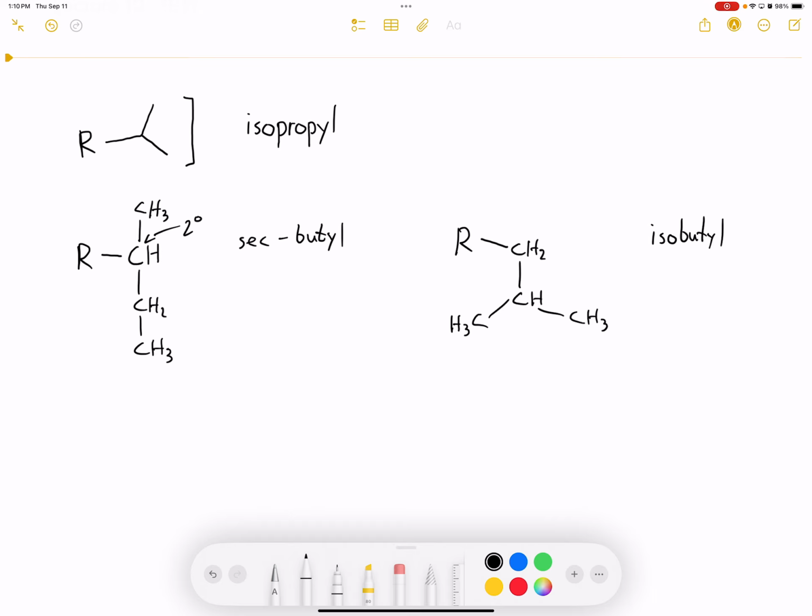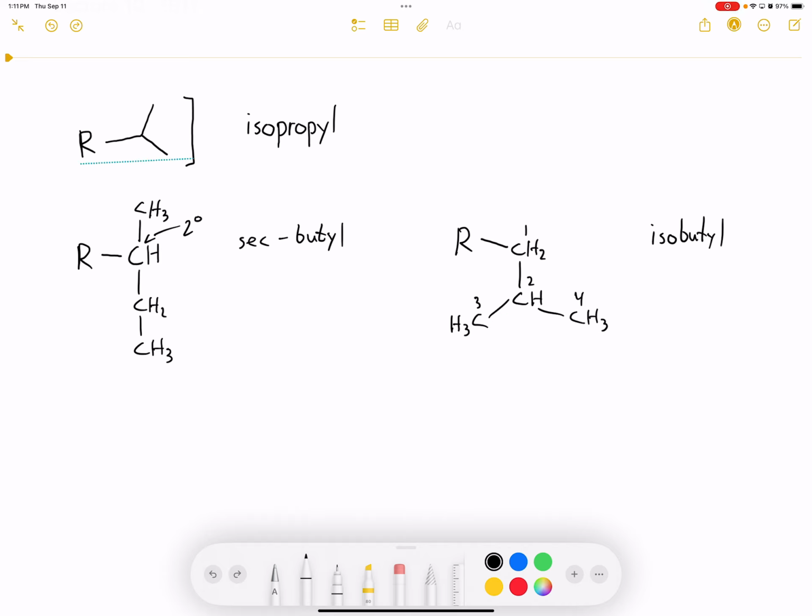So isobutyl is the one that looks like isopropyl, except it has one more carbon atom before you get to the branching point, and then it's 4 carbons, so that's isobutyl right here. You see 1, 2, 3, 4 carbons, so it's a butyl group, and it's one of the isomers of butane, with the branch group there. So that's why it's isobutyl, because if you look at this part, it looks like this part right there.